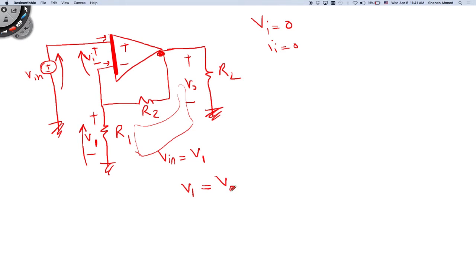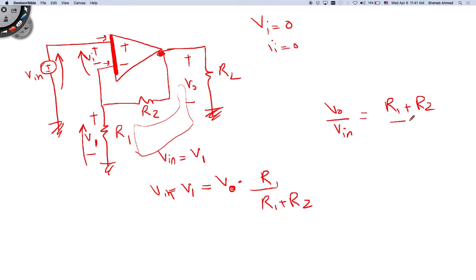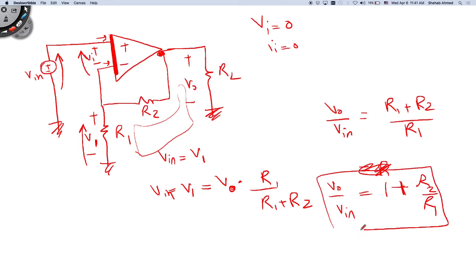V1 equals V output multiplied by R1 over R1 plus R2. And this V1 is equal to V input. So I have a relationship between V output and V input equal to R1 plus R2 over R1, which is 1 plus R2 over R1. This is my gain. This is the gain of this circuit.